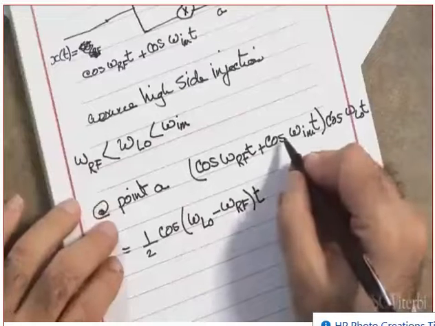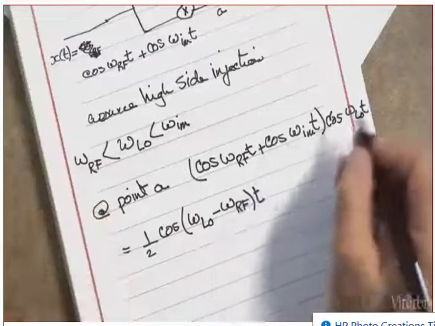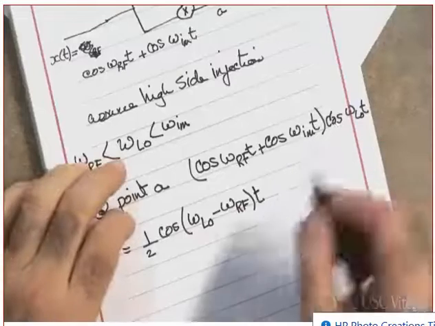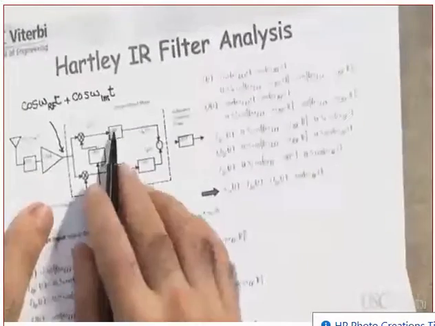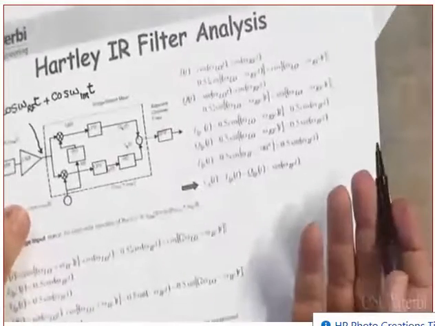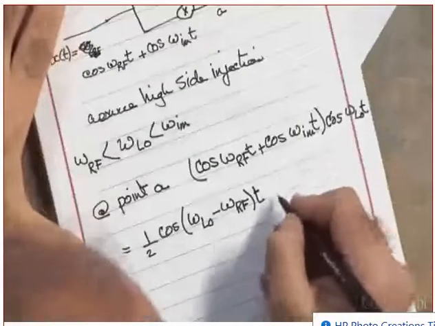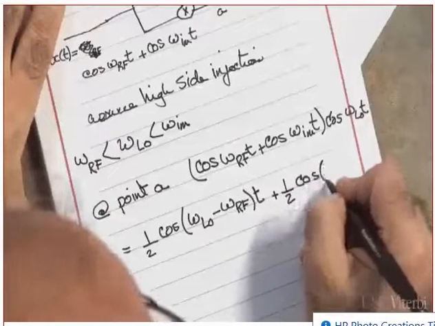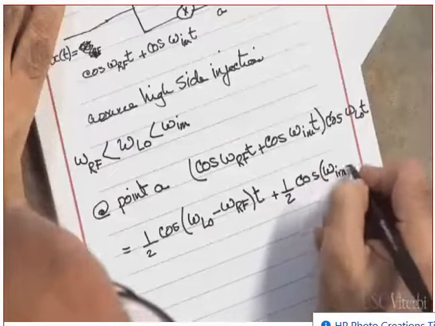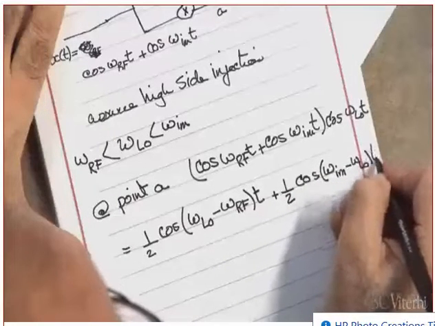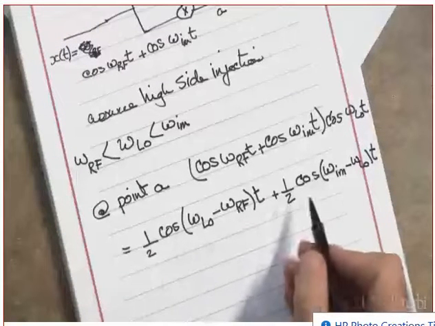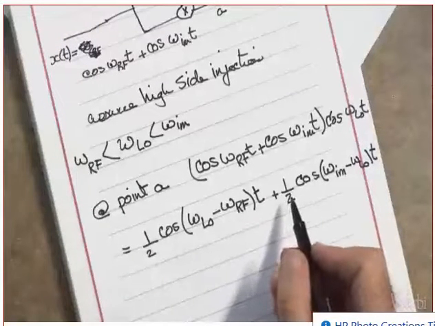Notice the sum I'm going to eliminate anyway, because after each one of them there is a filter. I'm only interested in the desired one. Plus omega IM minus omega LO t. The sum will be filtered out.